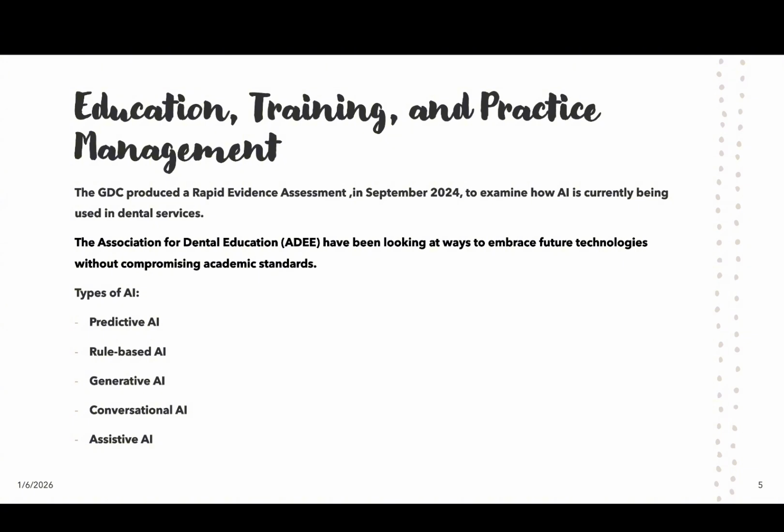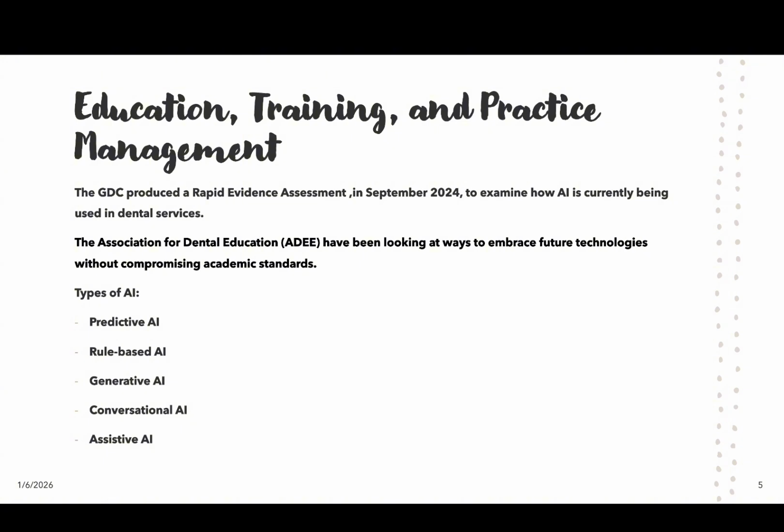This was part of the GDC's wider work on monitoring new technologies and how they might affect dental regulations and practice. The aims are to understand the current use of AI in live dental service delivery, its benefits, risks, and challenges, including implications for equality, diversity and inclusion, and data protection.